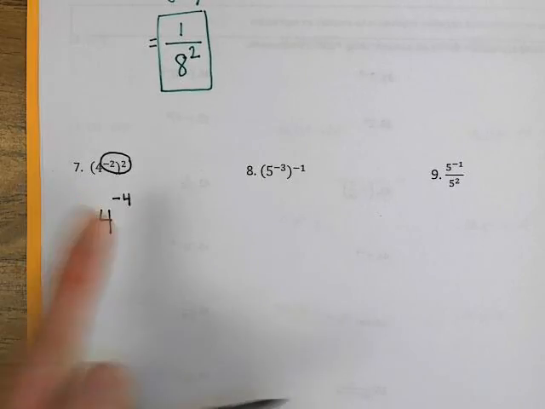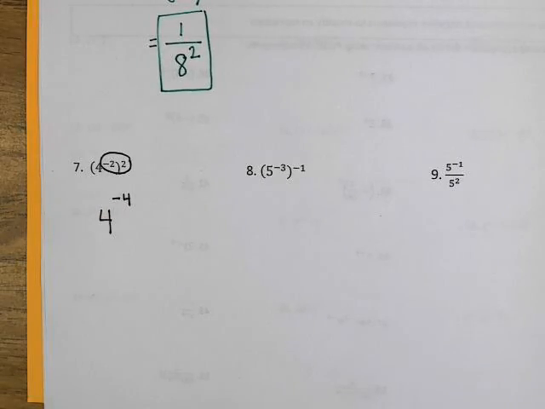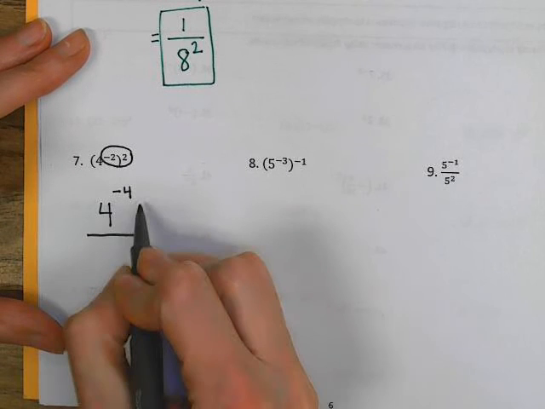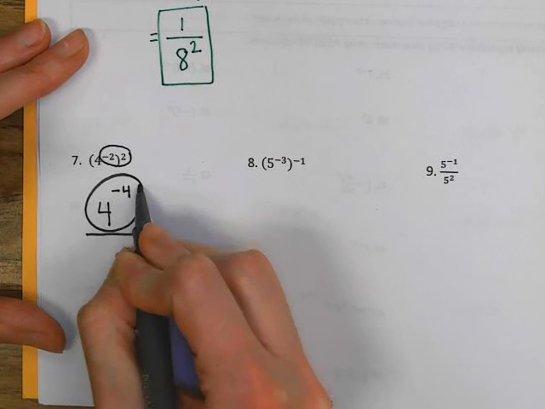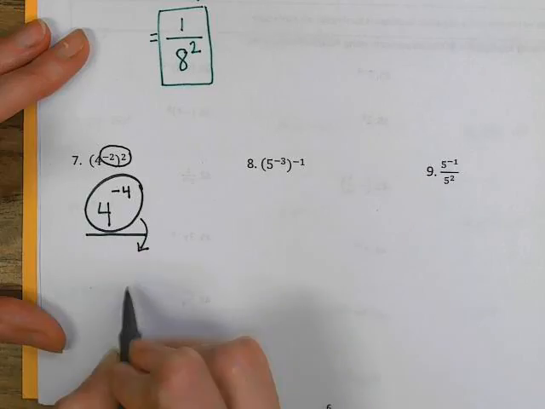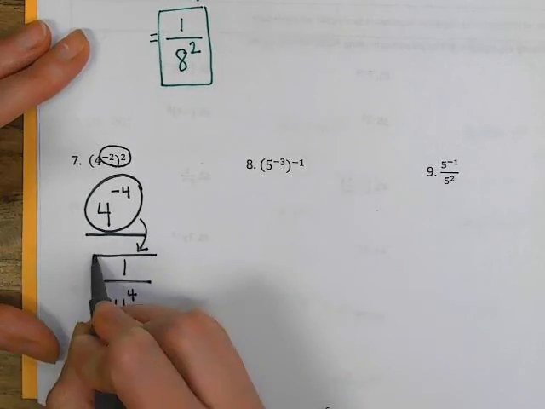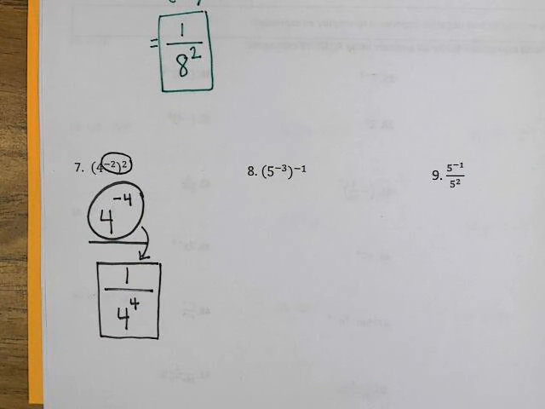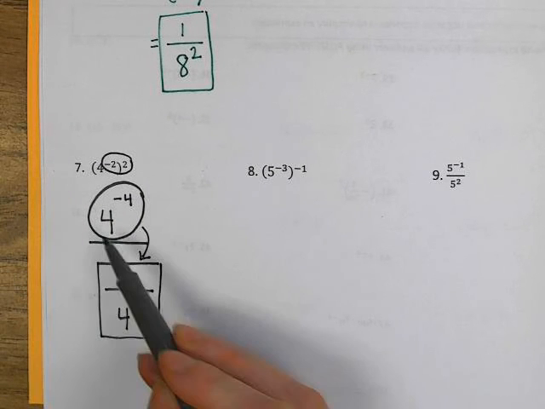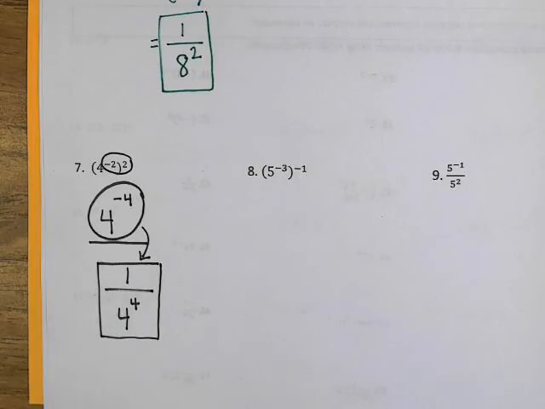So if your exponent's negative, drop it like it's hot. So that means we need to drop the base and its power to the bottom. So final answer, 1 over 4 to the positive 4. If your exponent's negative, drop it like it's hot. And remember, the base and the power have to travel together.